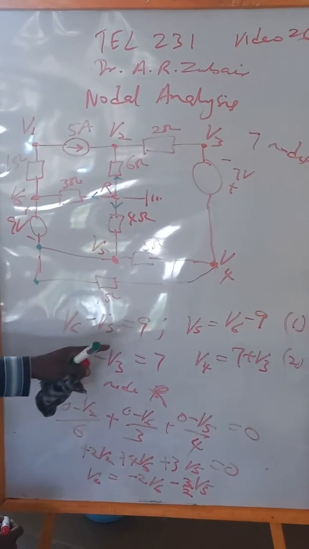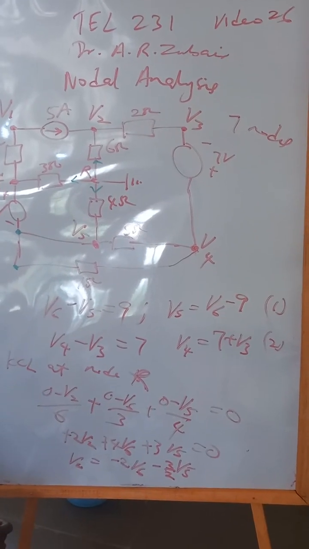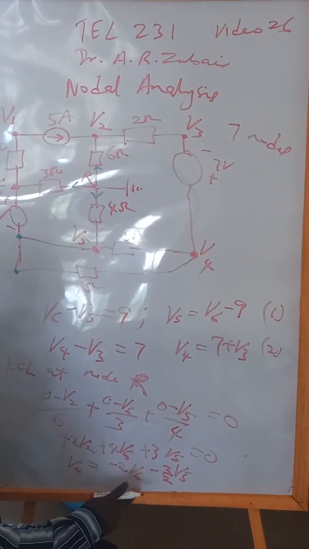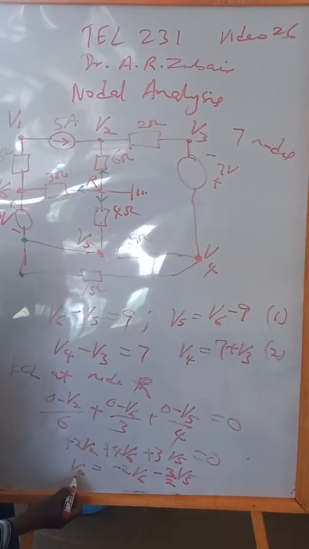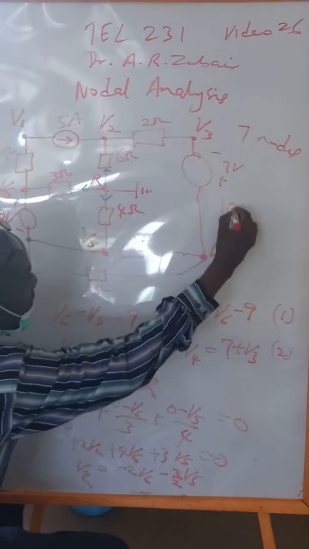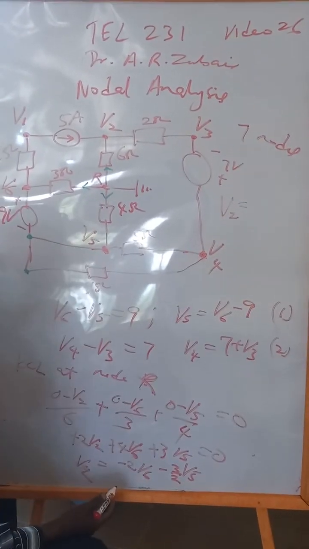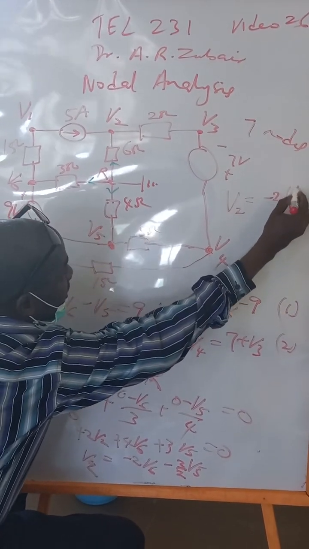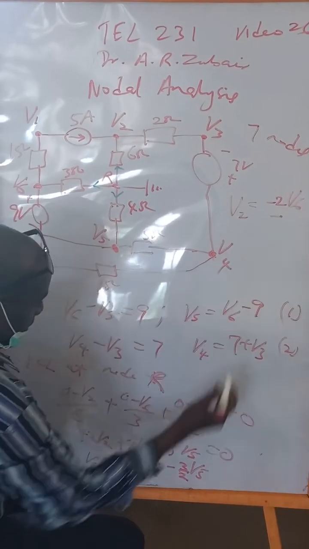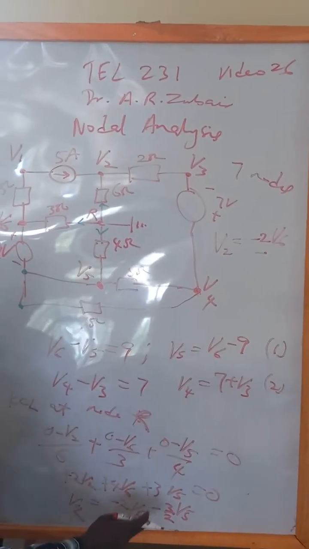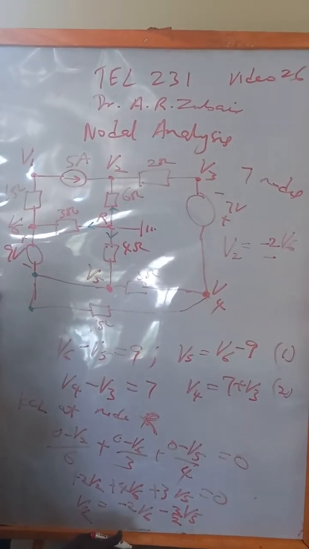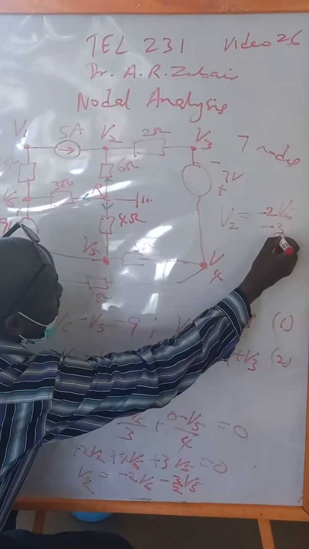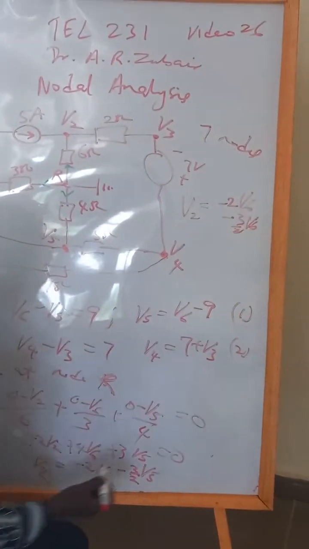I have an expression for V5, which means I can rewrite that equation. Let me substitute for V5. That means V2 is going to be minus 2V6 minus 3 over 2 V6.